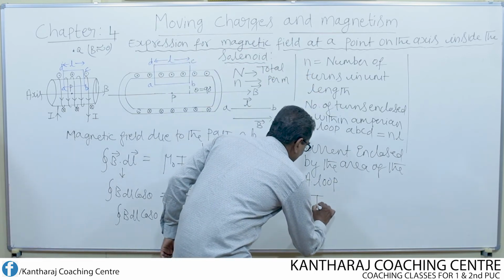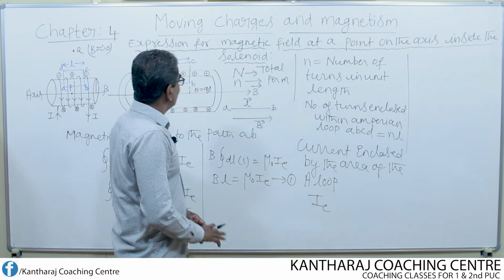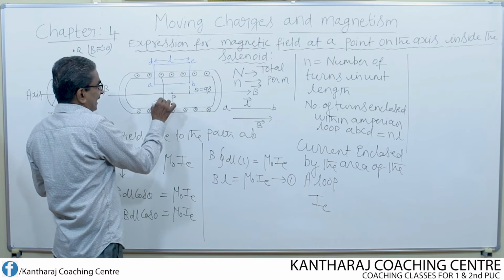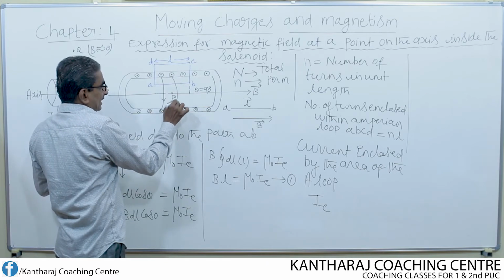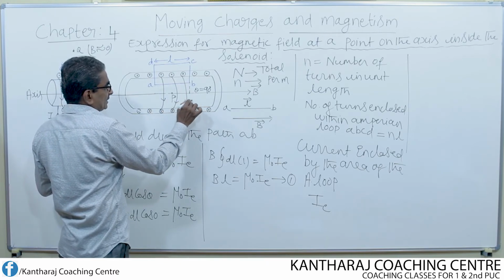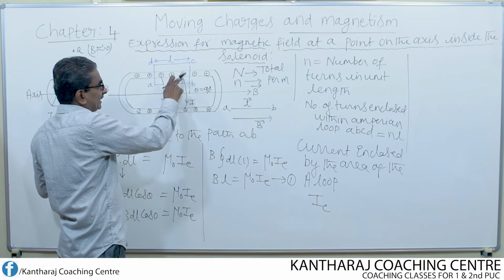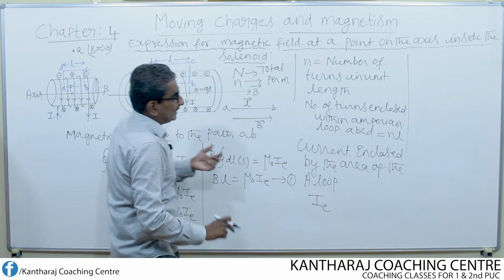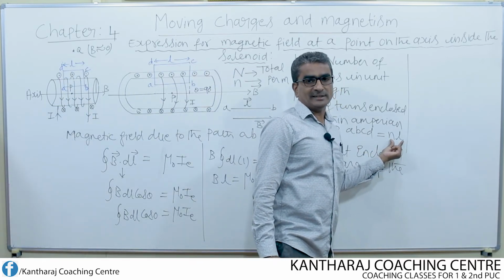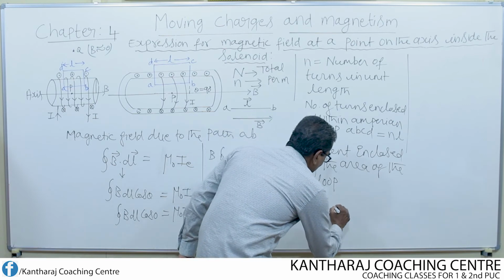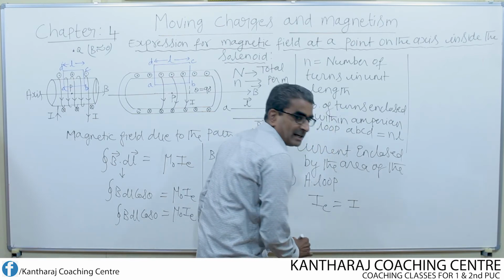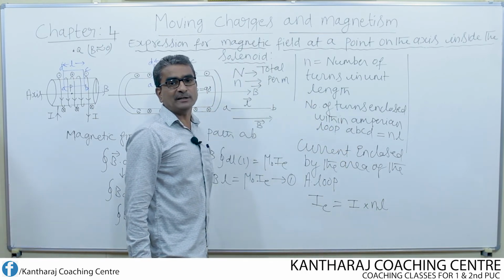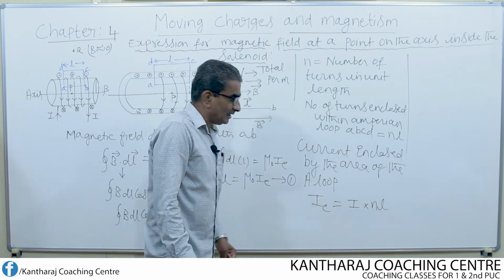It is nothing but the current flowing through each turn. What is the current flowing through this turn? I. Through this turn? Again I. Through this turn? I. So through each turn the current flowing is I. Like that, how many turns are there within the Amperian loop? nL turns are there. Therefore, IE should be equal to the current flowing through each turn multiplied by the total number of turns within the Amperian loop, that is n into L.